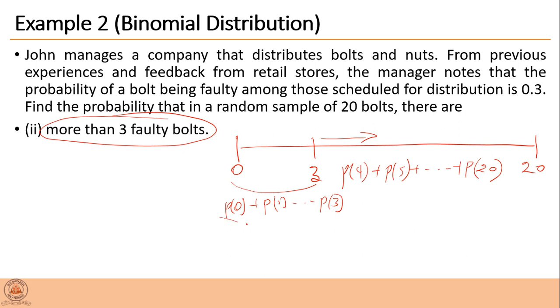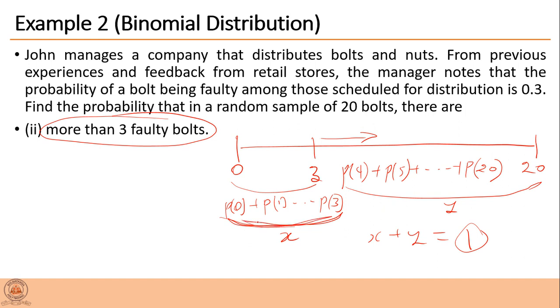So this is going to be one value, and summing the other ones will also be one value. Let me call this x and this y. Again, as before, x and y should sum to 1. That is the total probability of the sample space. I can find this short one very easily, but this long one is going to take me time.